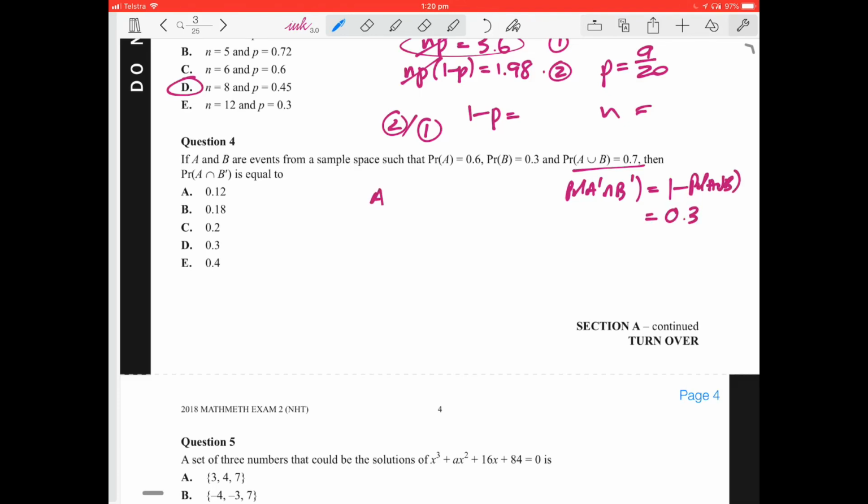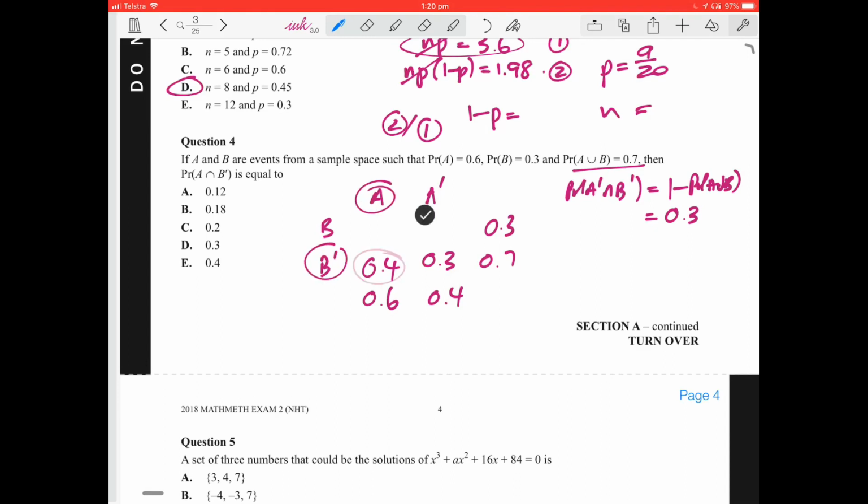So if we create a table, A naught, B naught. A is 0.6. That's 0.4. B is 0.3. That's 0.3. A intersects B naught. Okay, so that's got to be 0.7, which means that's got to be 0.4. A intersects B naught is 0.4.